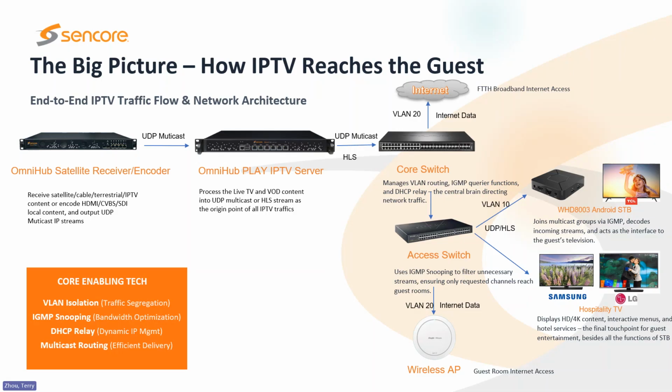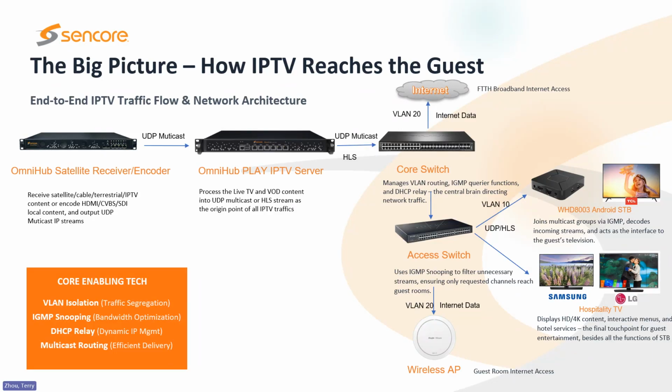Then we have either an Android set-top box plus a TV set, or we can directly use Samsung, LG, or any other brand of hospitality TV. So this is the main connection of the network. Of course, inside the room we also have other networks, like a wireless AP for internet access, and a SIP phone for telephone service. All of this content is separated on the network.